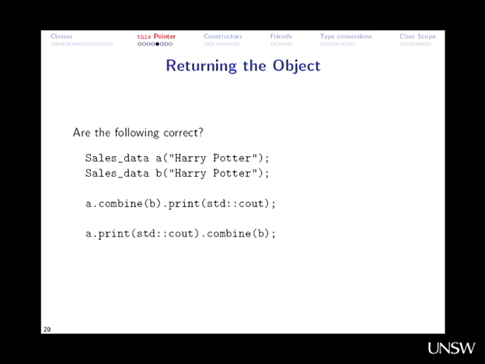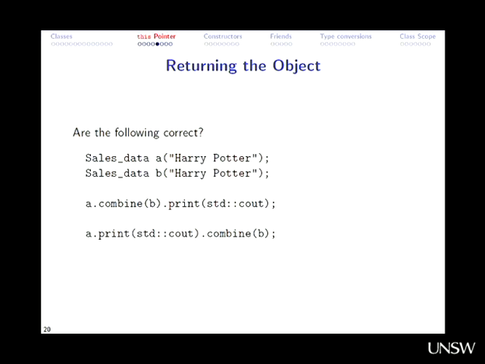On the next line, we said A.combine, so that returns a reference to the same object. Because we've got that reference, we can call .print. When we say A.print, it's also returning a reference.